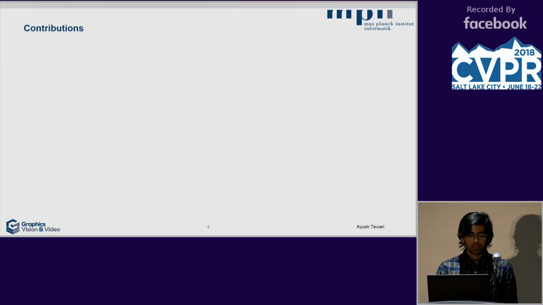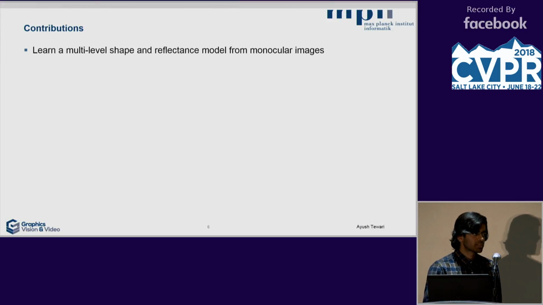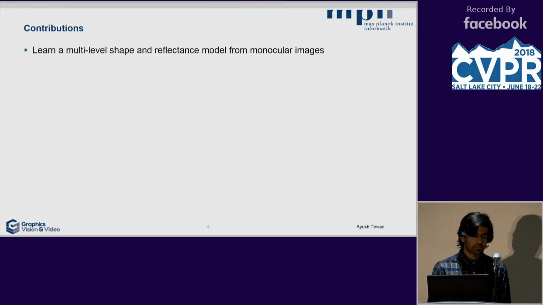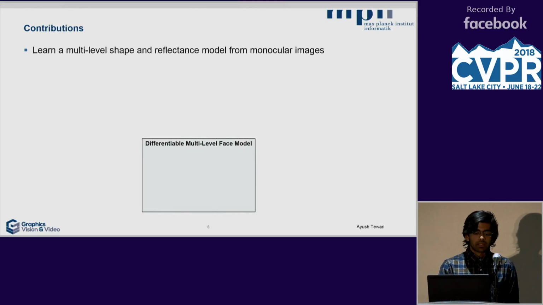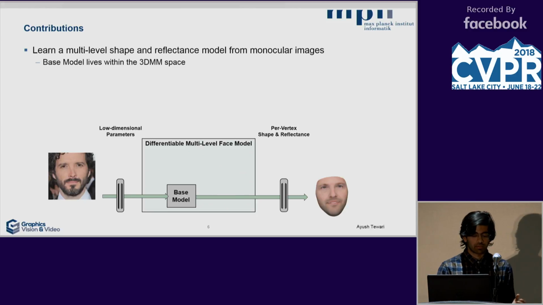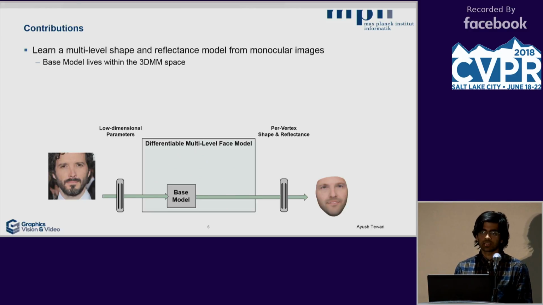In our work, we learn a multi-level face model from monocular images. This is a model for both shape and reflectance. This model has two different submodels. First, we have a base model, which lives within the 3D space I described before. Given some low-dimensional parameters, it gives us the reconstruction at the base level.